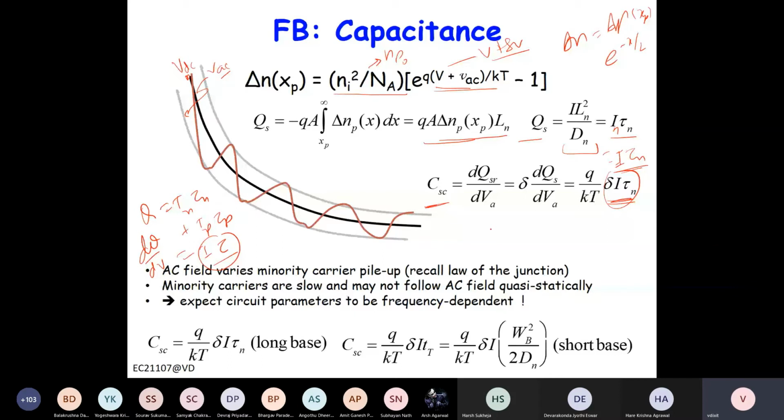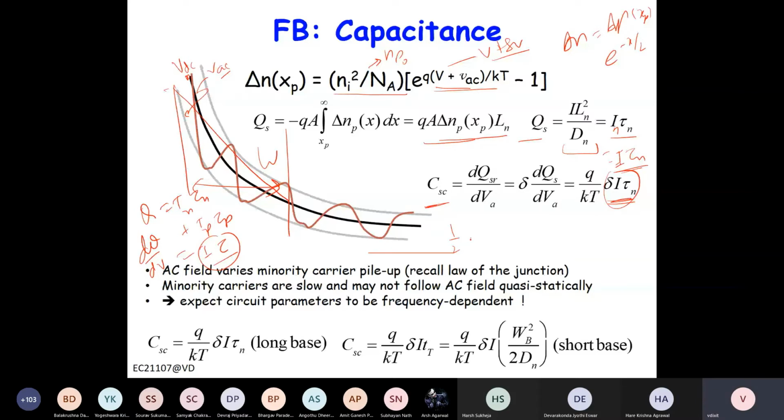It's much smaller than the diffusion length. Your slope will be delta n by W, right? So the charge will be half delta n at xp times W instead of L, right?